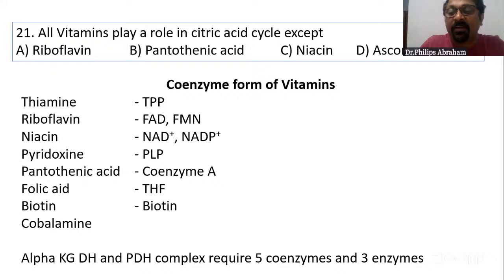And we have one more, lipoic acid, also considered a vitamin earlier. So these 5 compounds we need for that enzyme. So the major vitamins that play a role in the citric acid cycle are riboflavin, pantothenic acid, thiamine, and niacin. Ascorbic acid is not involved in the citric acid cycle. That's the answer to be noted.